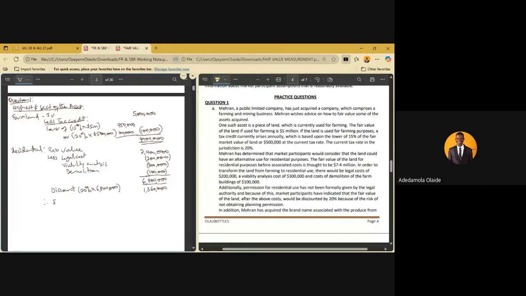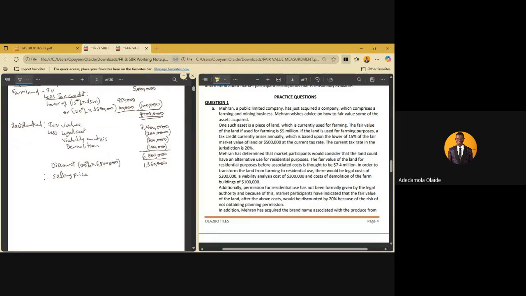Selling price is 7.4 million less the discount, which is 1,360,000. Okay, so what do we have as summation?